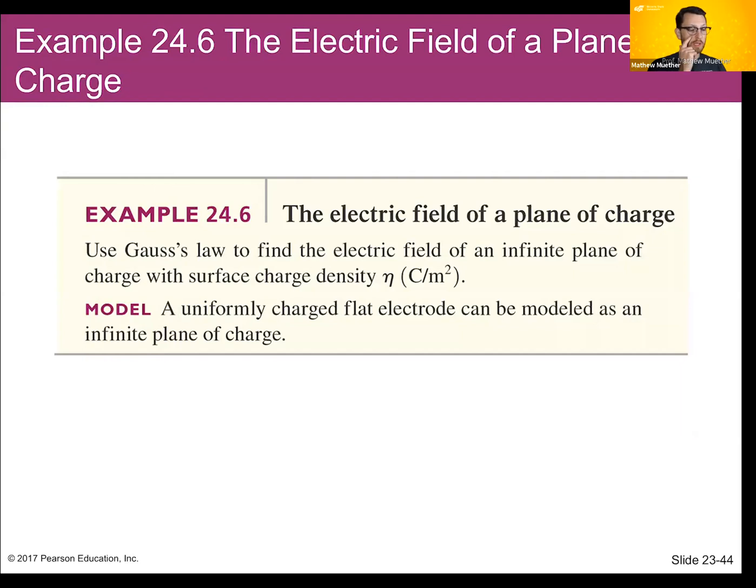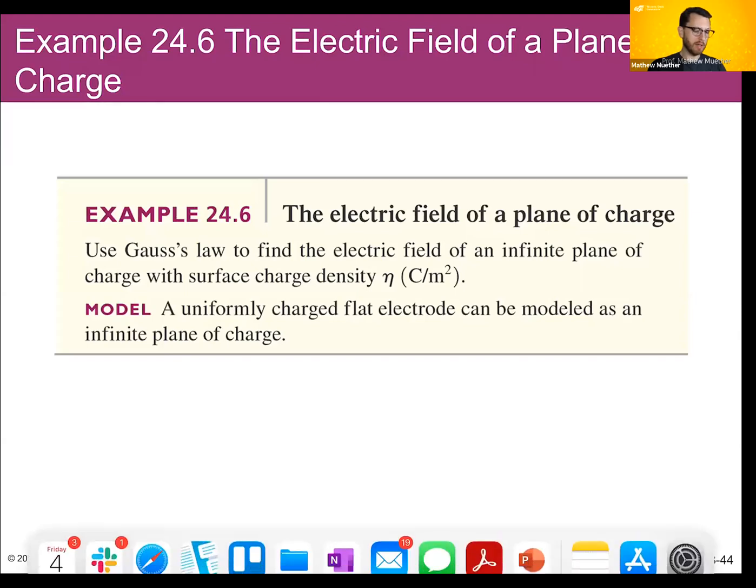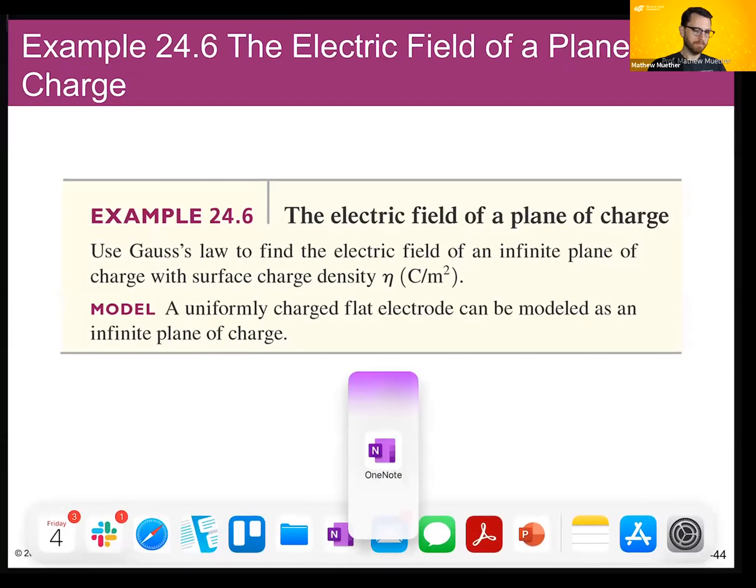But let's see if we can use Gauss's law to find the electric field coming from an infinite plane of charge. Let's assume that we know how much charge is loaded onto that plate, and it has a fixed surface charge density. Remember, this surface charge density tells me how many coulombs per square meter I have on my sheet.